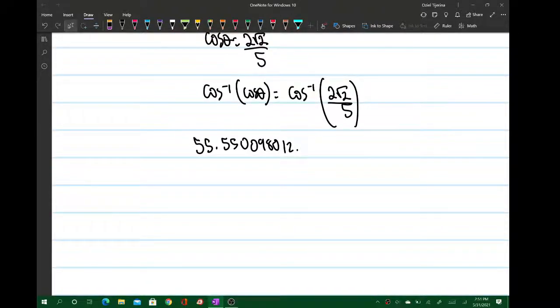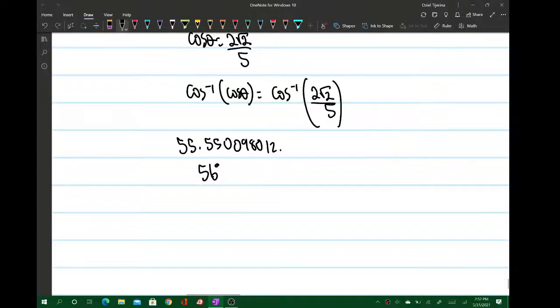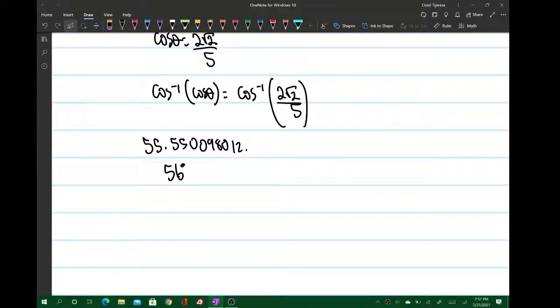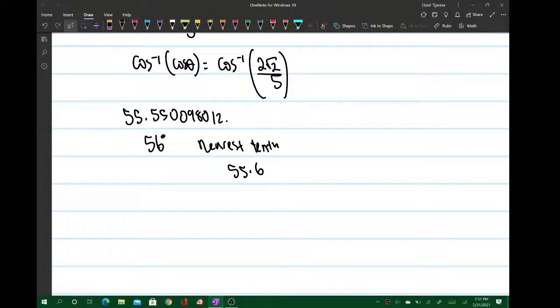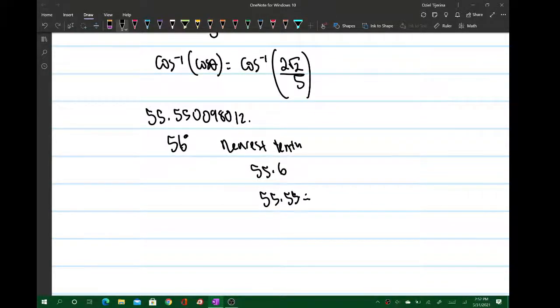Now, if they want you to round it to the nearest degree, it's going to be 55.6, and that's just going to be 56 degrees. If they want you to round it to the nearest tenth, it's going to be 55.6. If they want you to do it to the nearest hundredth, it's just going to be 55.55.